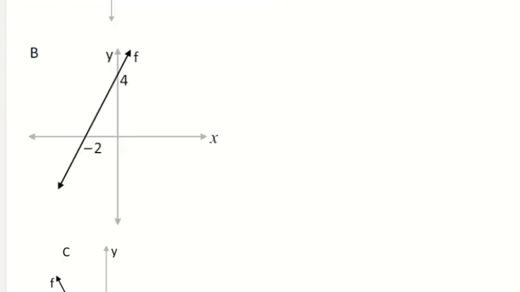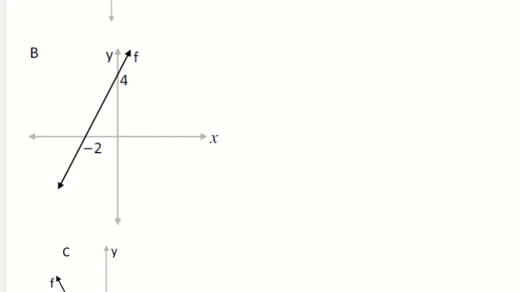Now we're looking on to B. The first thing that I would do, Lalita, is to write down the coordinates. No? So the coordinates of this, who can help me, what is the coordinates that I have here that is known, that I can see from the sketch? Is it 4 and negative 2?